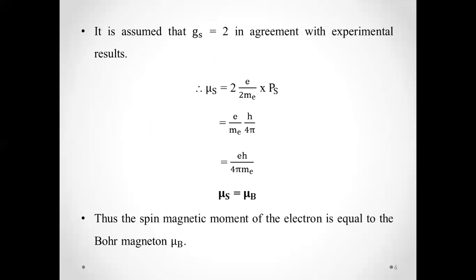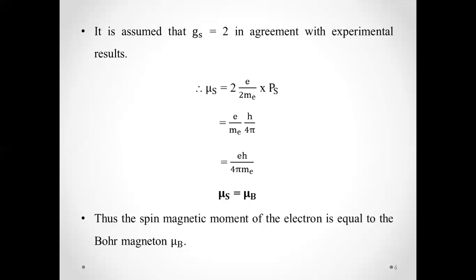Substituting this value in the above expression, we get mu s equals 2 into e divided by 2 times me into Ps, which is equal to e divided by me into h divided by 4 pi. Finally, we can write it as eh by 4 pi me.